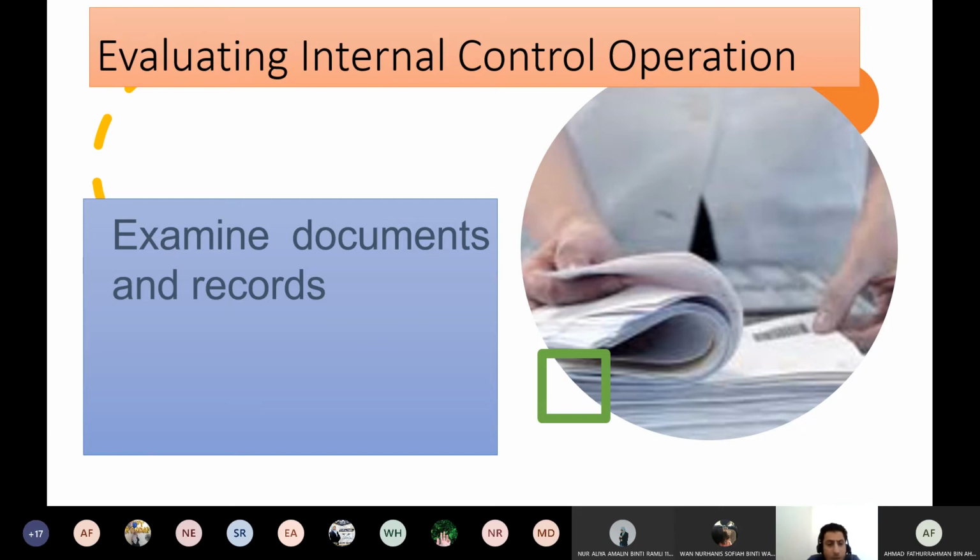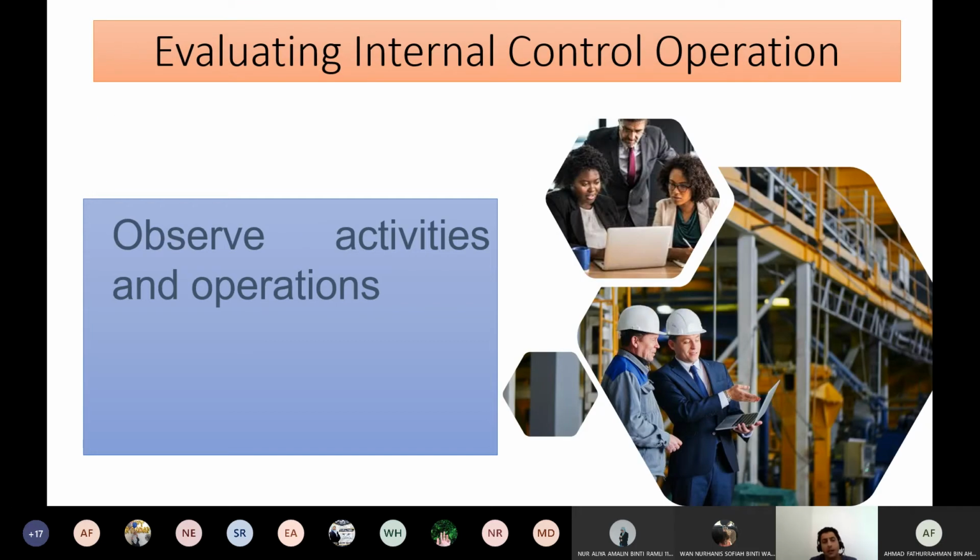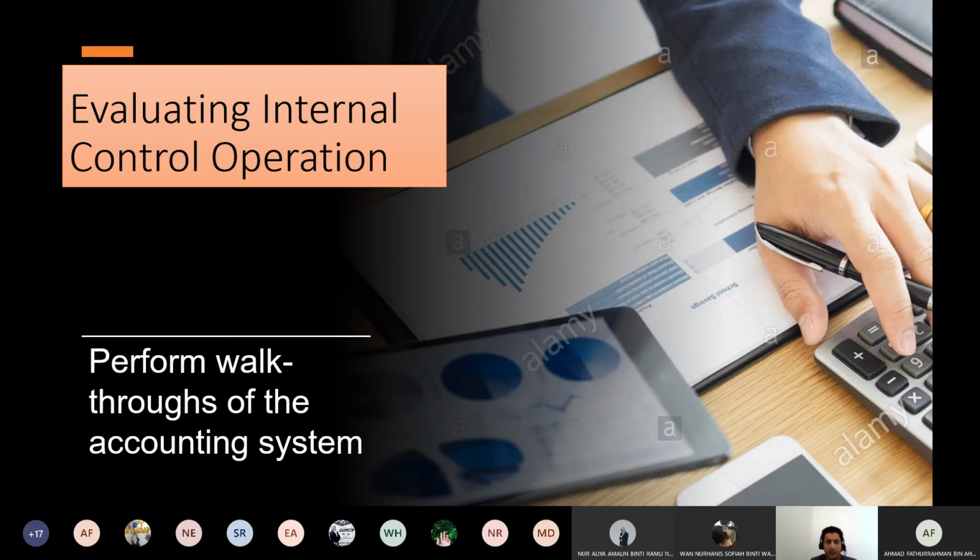So the auditor may examine the documents and records, check if there is any invoice more than 5,000, and check who signed and approved that invoice. If the one who approved is the CFO or the financial manager, then okay. If not, then there is a problem with the internal control. Okay, next, observing the activities and operations, and lastly, performing a walkthrough of the accounting system.